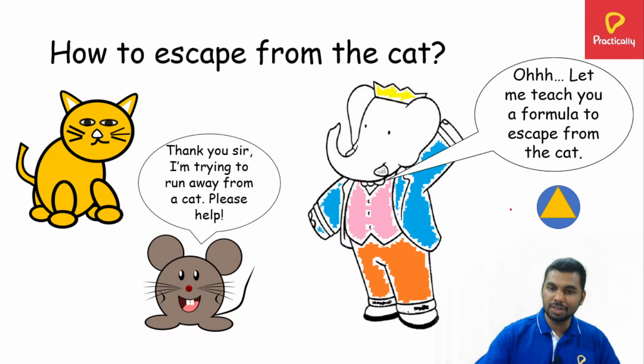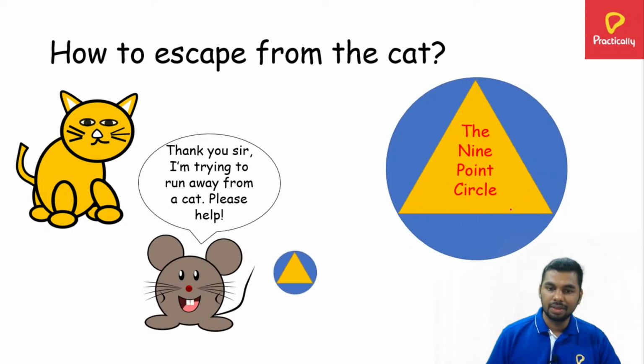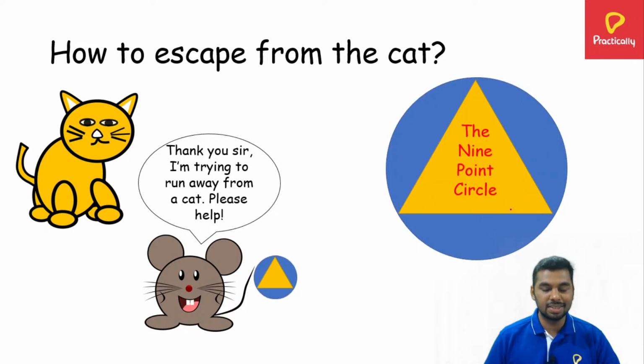And after it was passed on, the elephant disappeared. And when the mouse saw that particular diagram, it was written the 9-point circle. Now, we should help the mouse to find a way to escape because the 9-point circle is the solution given by Dr. Elephant.